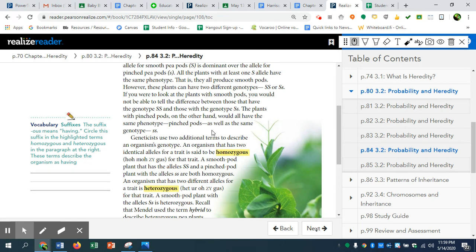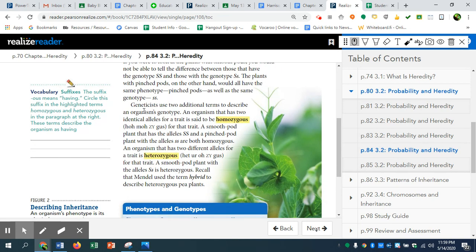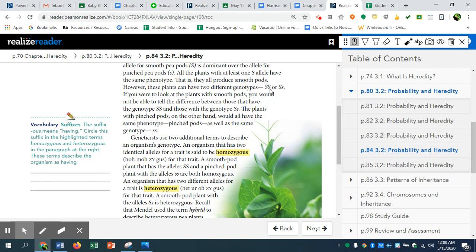Now, let's talk about another two words, homozygous and heterozygous. We've been saying purebred and hybrid, but more scientific terms would be homozygous and heterozygous. An organism that has two identical alleles for a trait, capital capital or lowercase lowercase, two of the same letter, is called homozygous.